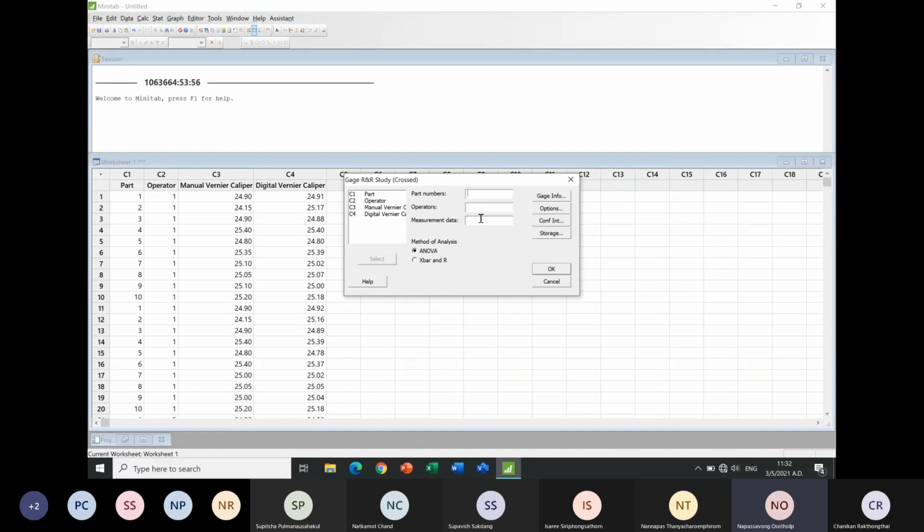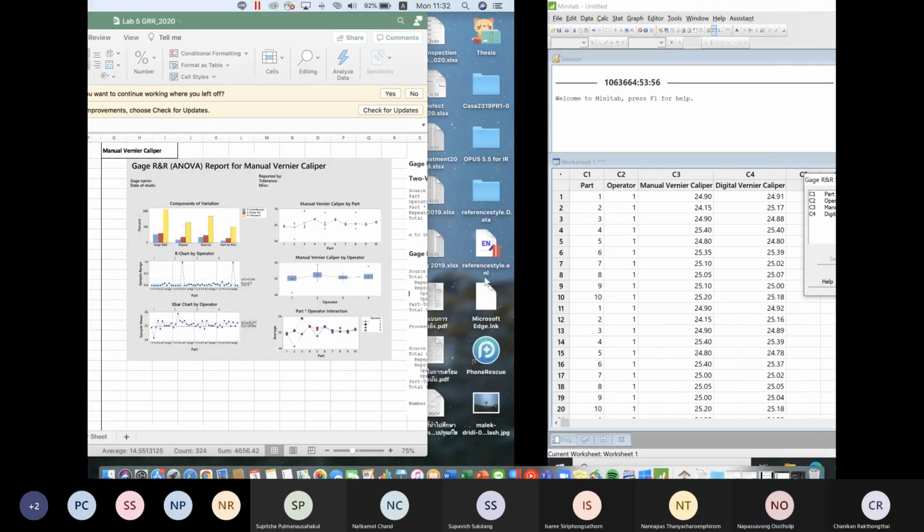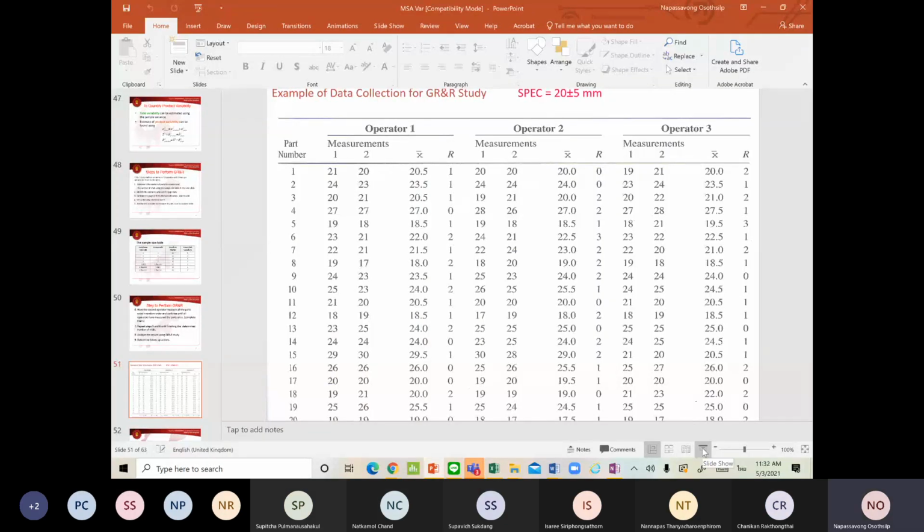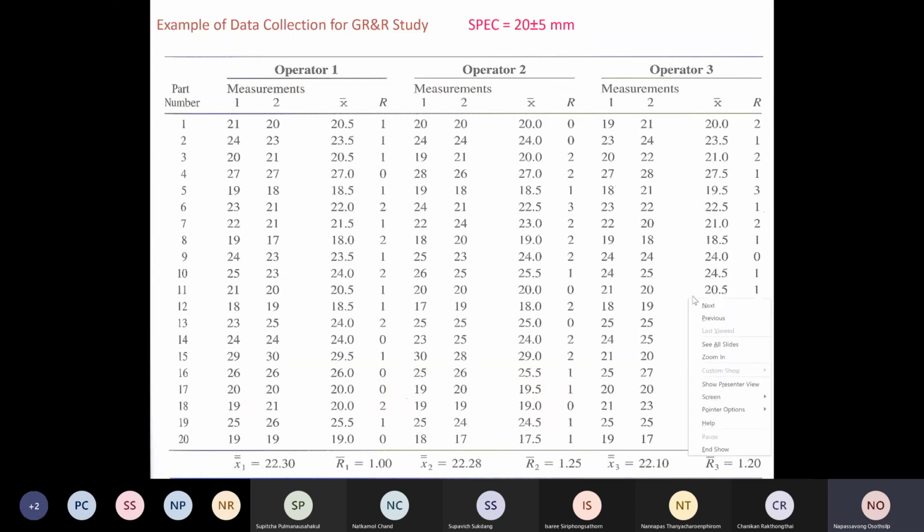For part number 1, for example, if it's a non-destructive test, part number one can be measured by all operators, 2 times each.